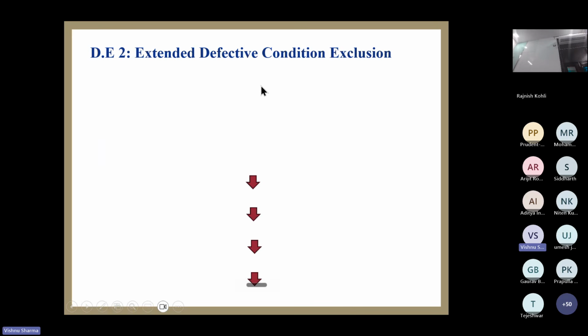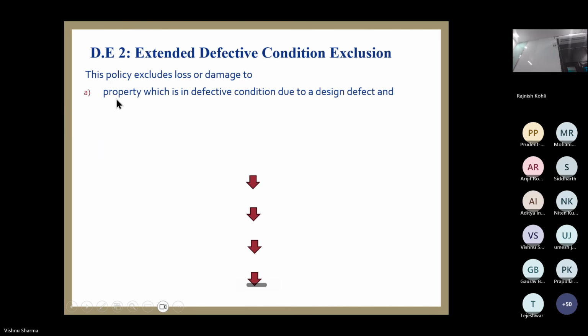Now extended maintenance defective condition exclusion. Now it comes to DE2. DE2 is what? The policy excludes damage. First of all, it does not pay to a damage to a property which is defective in condition, which itself is in this defective condition, nothing is paid.